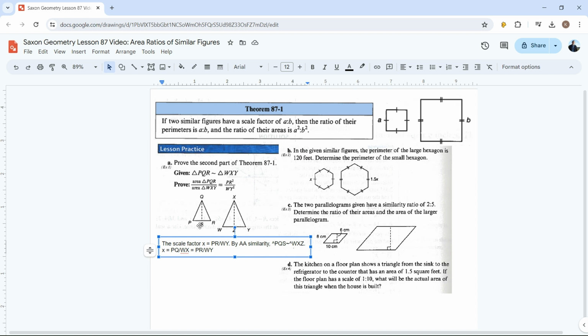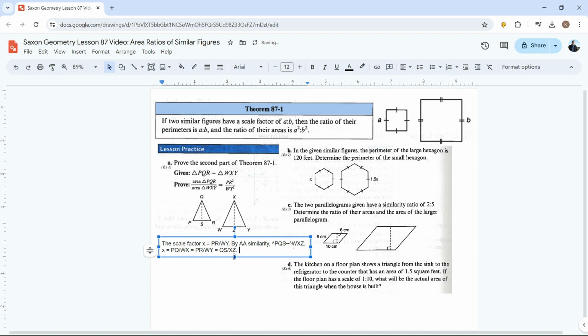And because the original triangles were similar, PR and WY were in that original triangle, so they're going to have the same scale factor, which is also equal to the scale factor of QS over XZ. So all of these scale factors have to be the same because these are similar triangles. Similar triangle sides are related by the same scale factor.